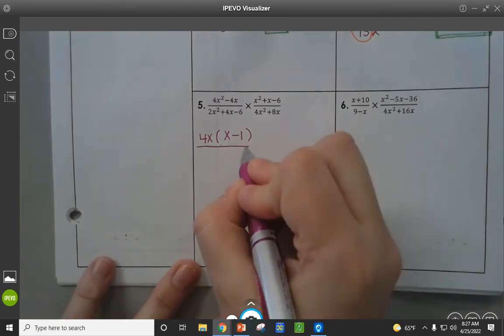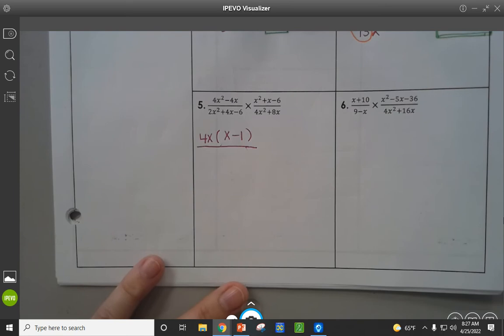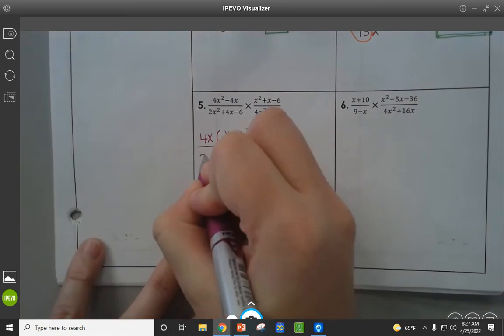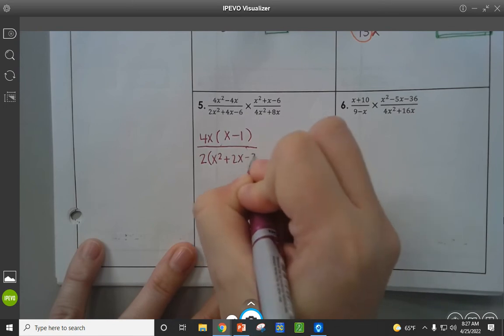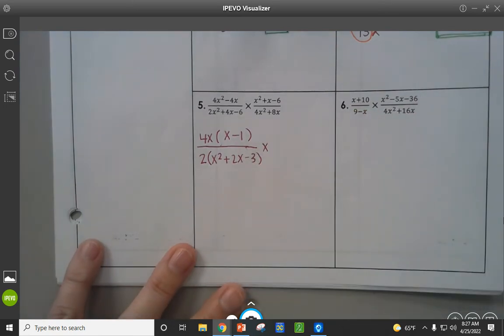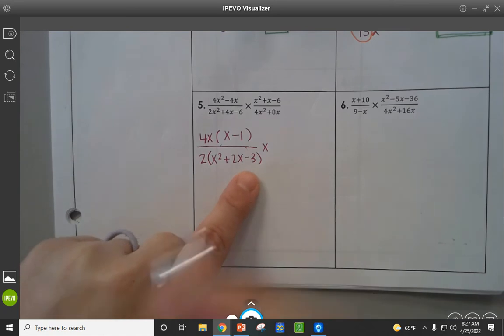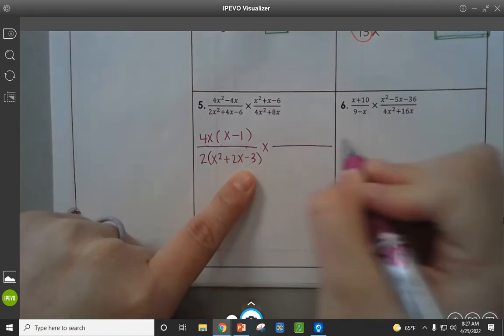Is there a GCF in the bottom? 2. Leaving me with x squared plus 2x minus 3. And then that will go back and factor down again, so we'll have to go back and get that.